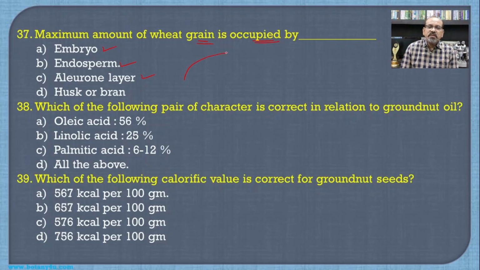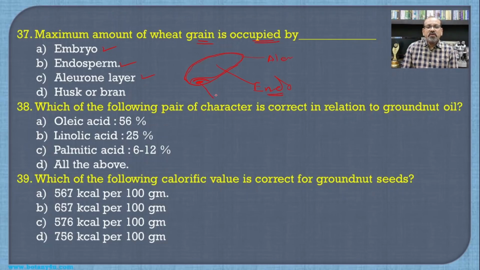If we see the structure of the wheat grain, here there is a presence of embryo and the cotyledon in this portion. Then this is the part of the endosperm, from which flour and chapati are formed, and the outermost layer present around the endosperm is known as the aleurone layer.